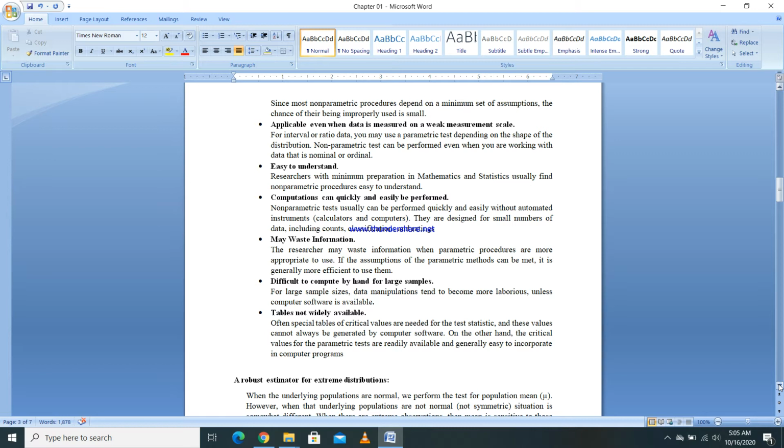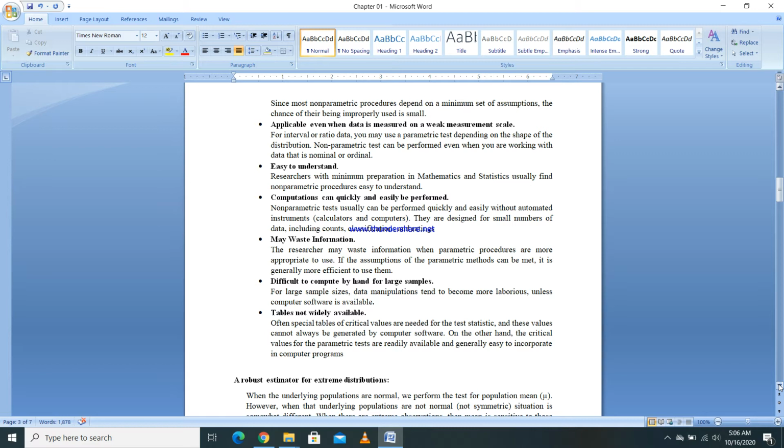And when it comes to disadvantages, one is that sometimes we may lose some information. For an example, if you take the one sample sign test, we just take the difference and count the number of positives or the number of negatives you have. That is the only thing we are looking for when we perform the sign test.